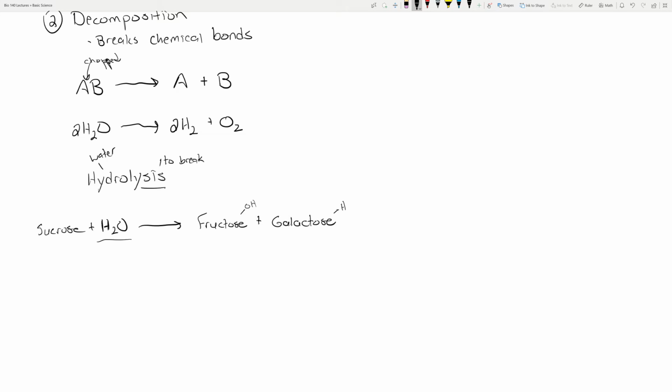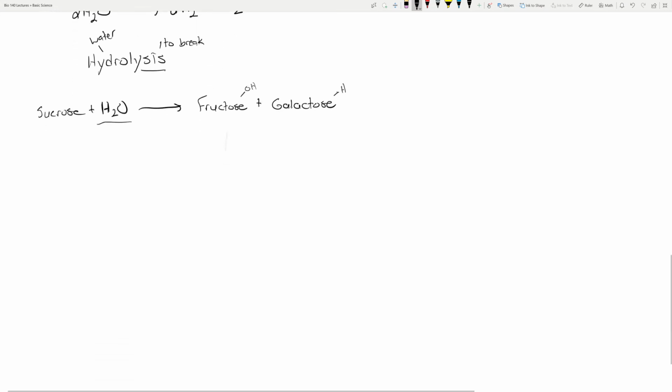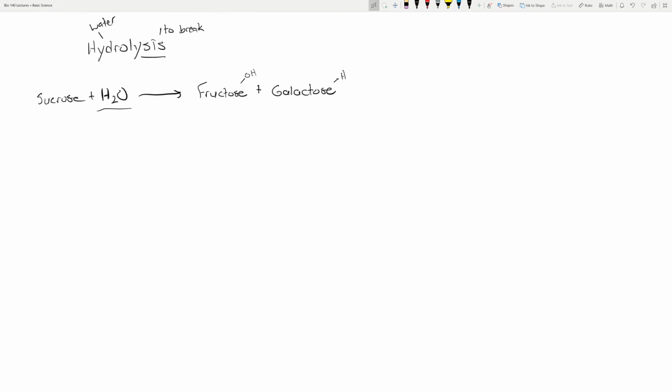Now there are two other types of reactions, not nearly as important as synthesis and decomposition. For this class, you have to know synthesis and decomposition like the backs of your hands, but I'm going to put these other two in for completeness. There's still more outside of this, but these are the big four. The next one we have is called exchange reactions.